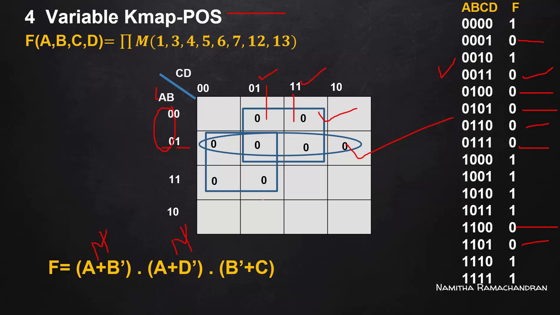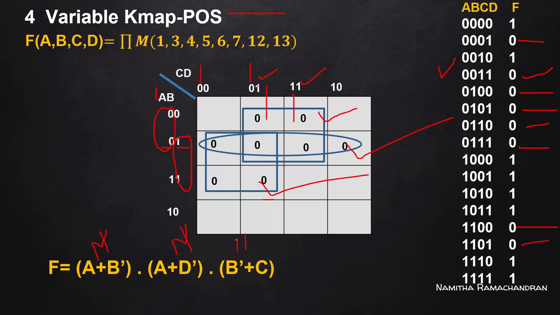Third, for this particular group, B with value 1 is common and C with value 0 is common. B with value 1 means we need B complement. C with value 0 means we need the original form of C. Combine these two using the logical OR operator.